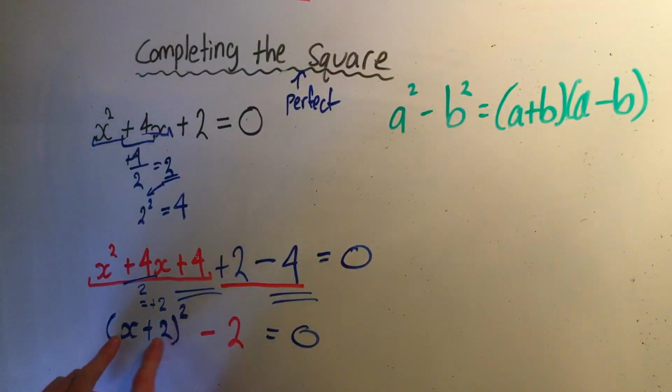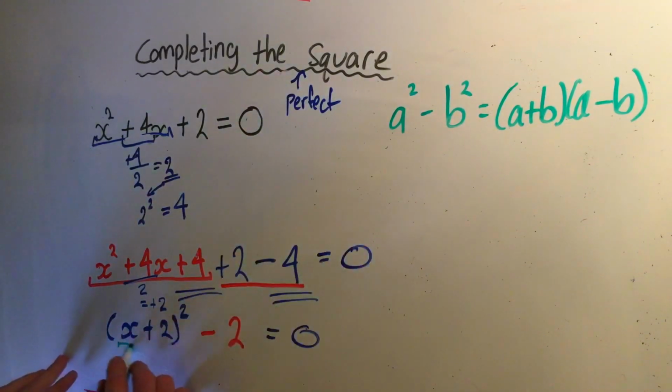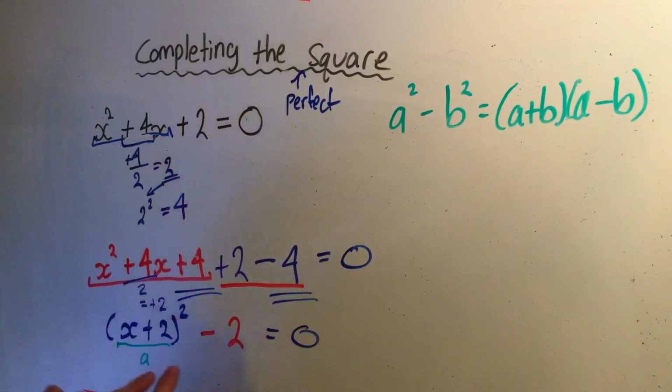Therefore, we're going to treat the whole bracket as one number as our a. We're going to have a squared minus b squared, and obviously the b must be the square root of 2, because the square root of 2 squared is 2. So we'll say the square root of 2 equals b, because that represents b squared.